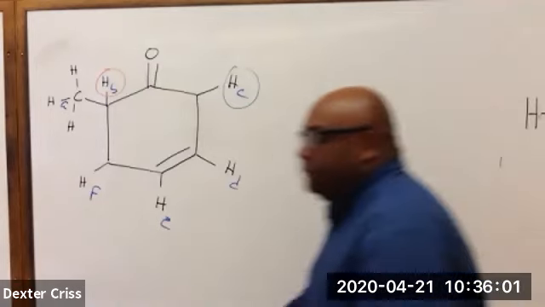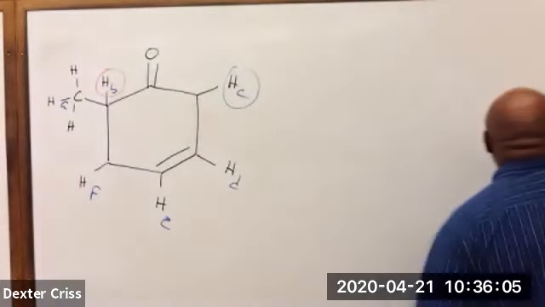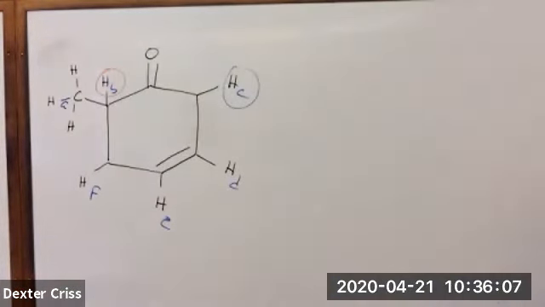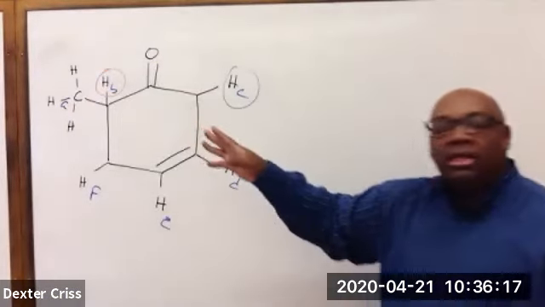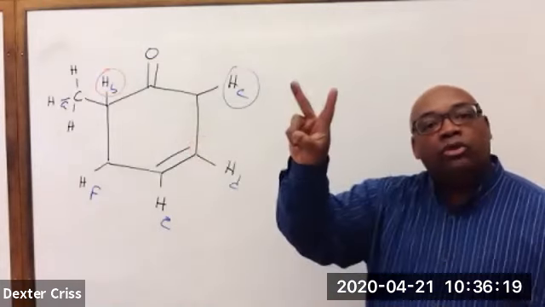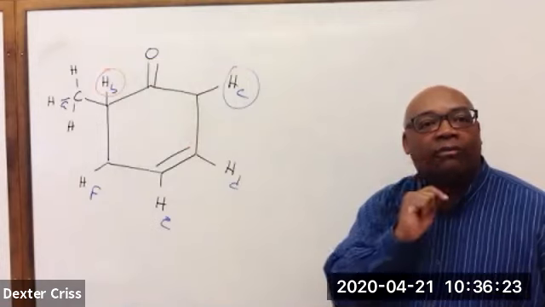Well, let's think about it. If you look at C, resonance is going to be the same for both B and C. They're both going to form two contributors. The only thing that's going to be different about the two is the electronic effects.